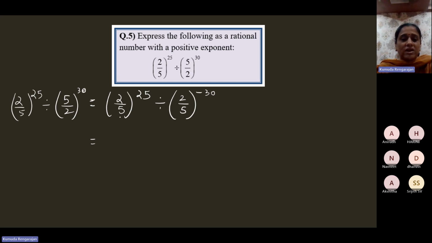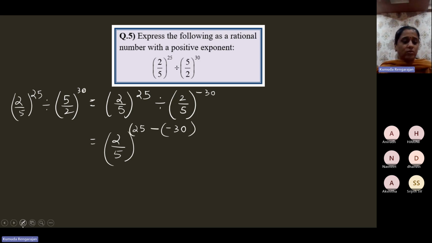Now the bases are the same and it's division, so we have to subtract the powers. Write the base once and subtract the powers. 25 is one power, minus 30 is the other power. Watch me write.